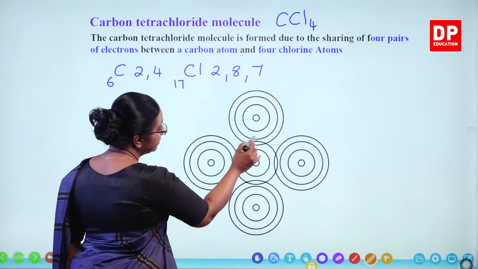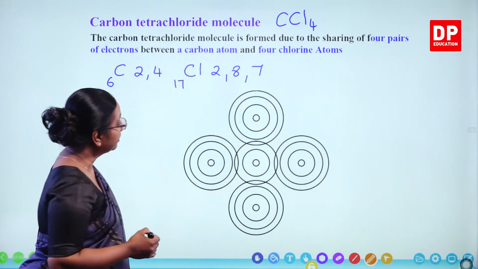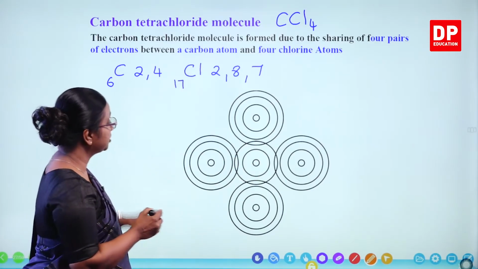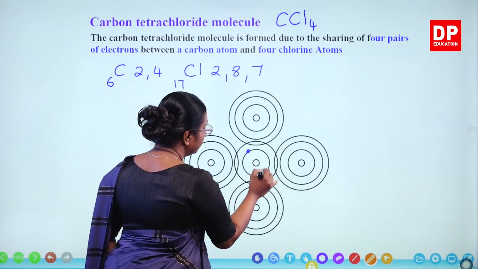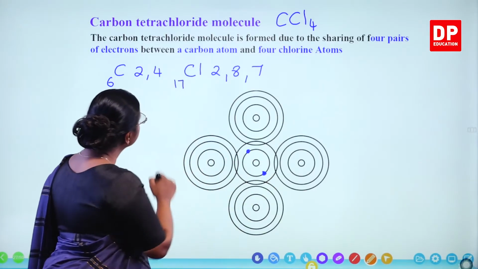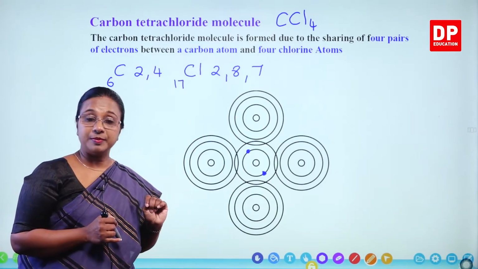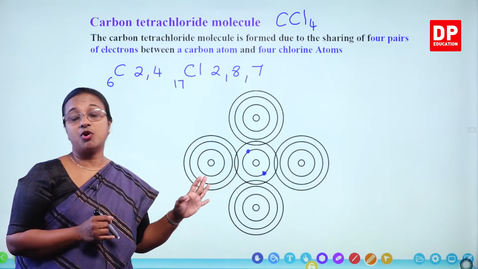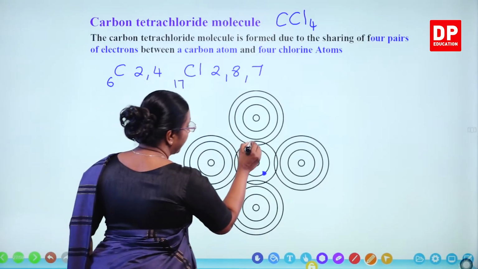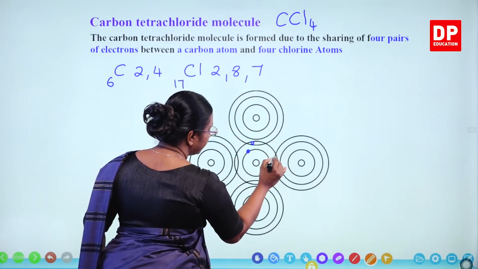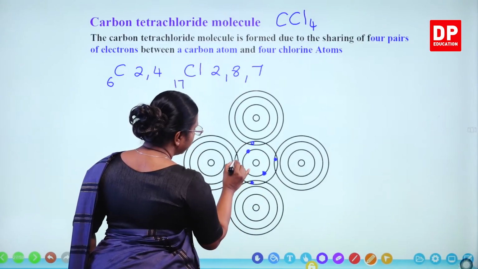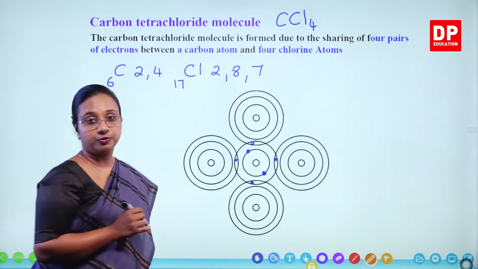We will first fill up the electrons of carbon. So in the first shell, there are 2 electrons. And in the second shell, there are 4 electrons, but 4 bonds are forming. So all the electrons are involved in bonding. So one to this chlorine, the other one to this chlorine, to the third chlorine and the fourth chlorine.